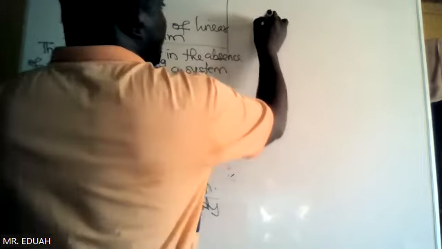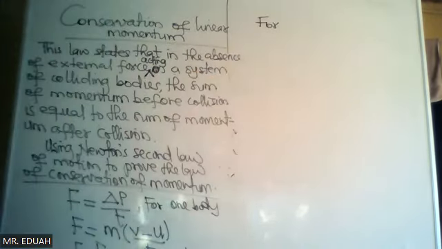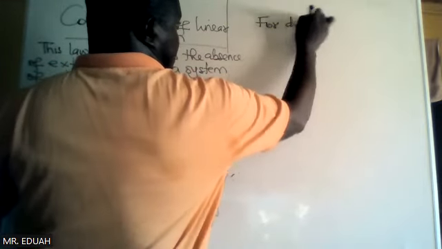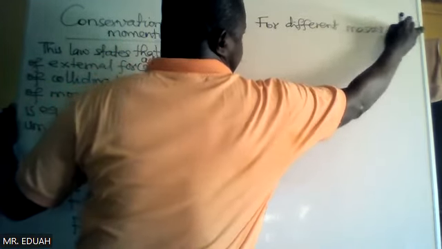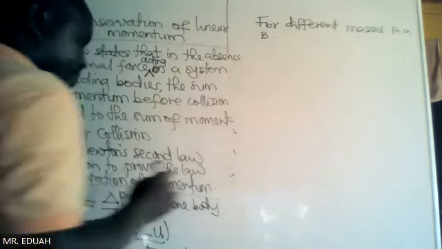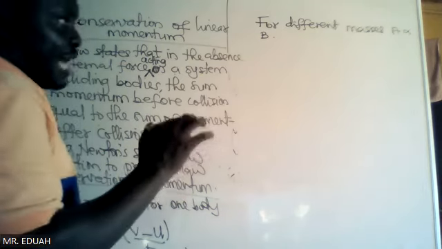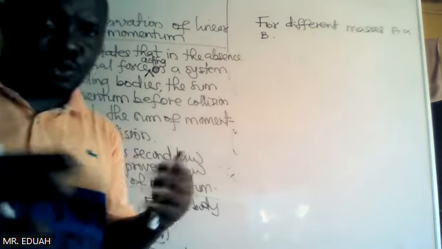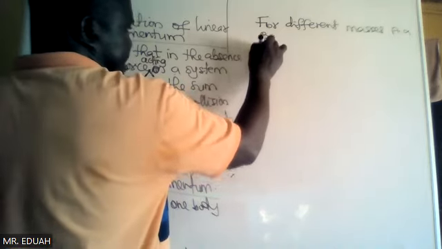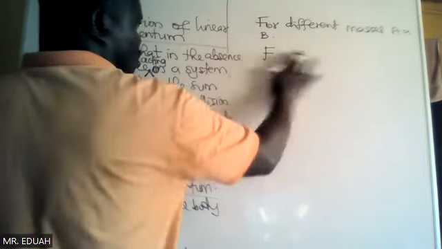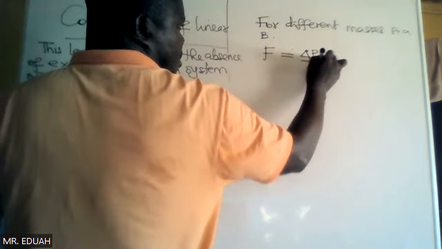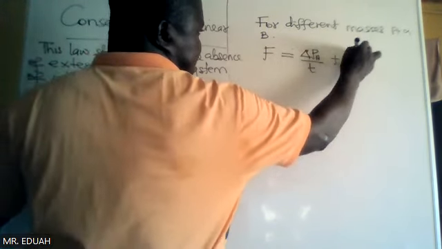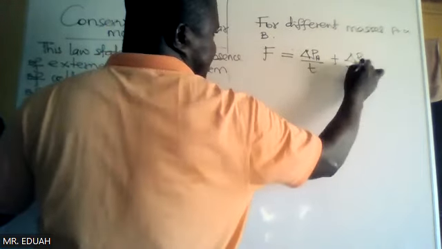So if it's about two different masses, A and B, then if we have two bodies that are interacting with each other, Newton's second law is saying that F is equal to the rate of change of momentum of A, delta P of A with time, plus delta P of B with time.